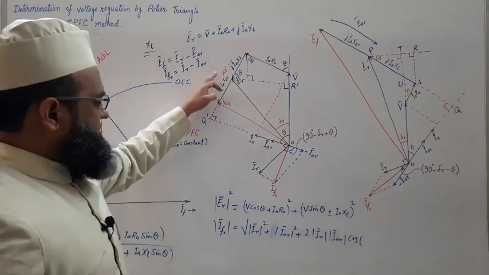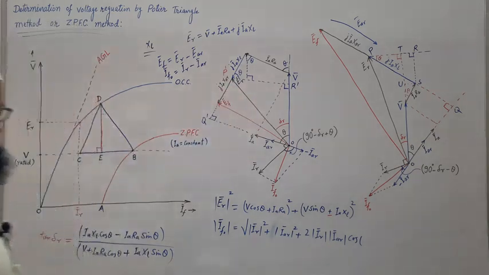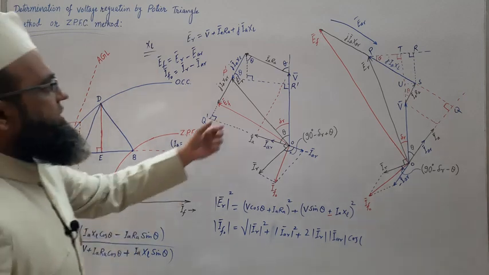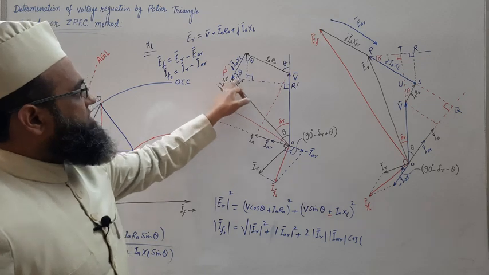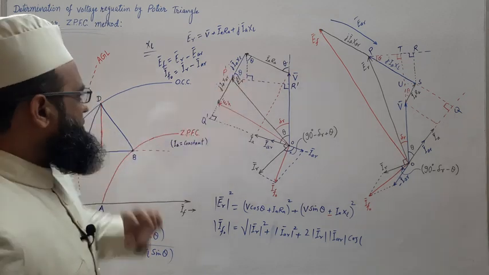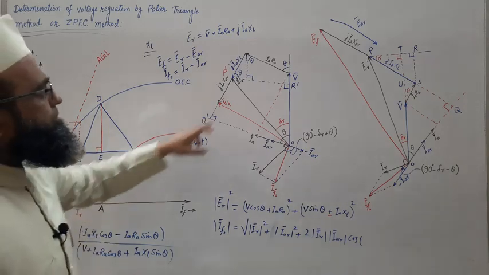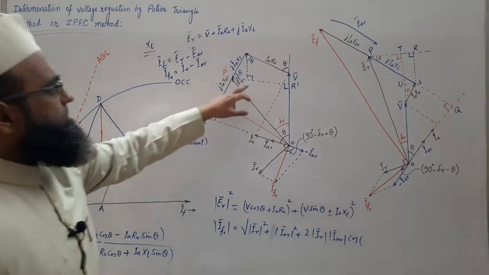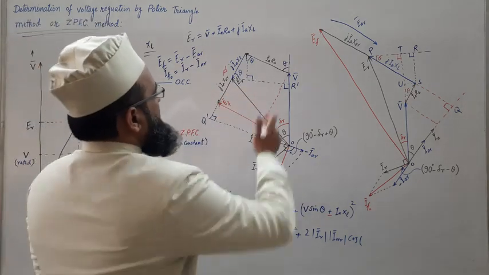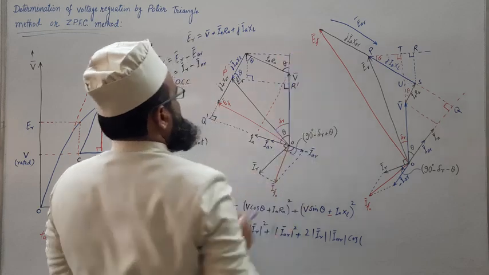So in order to get this P dash R dash, we need to add these two, this plus this, and this is IA XL cos theta, same IA XL cos theta plus this line, and this line will be, see, draw one line here, parallelogram.